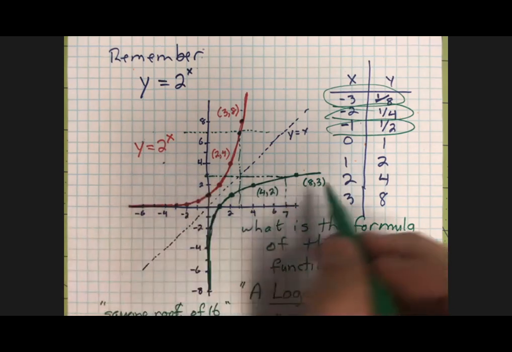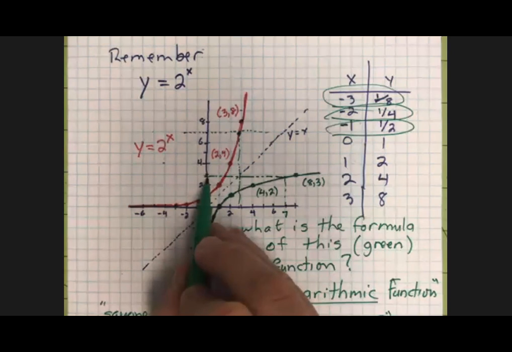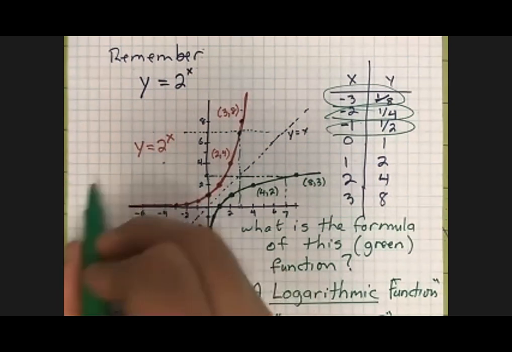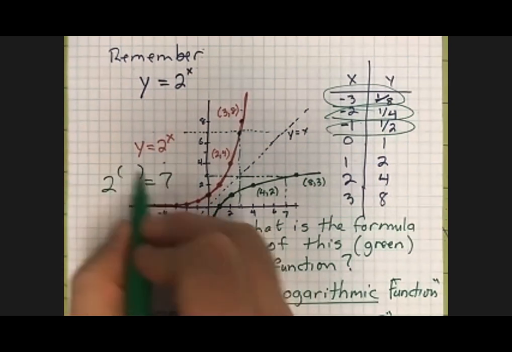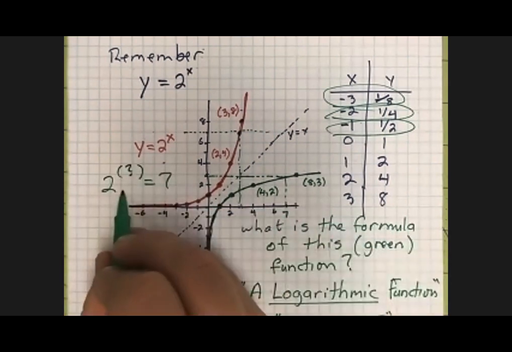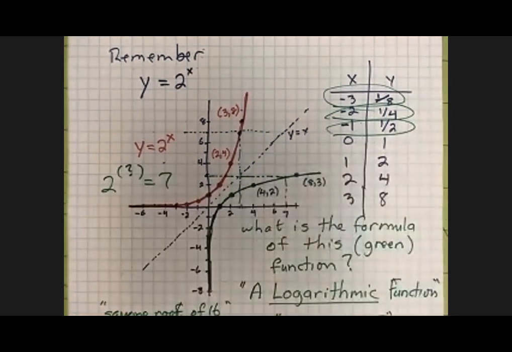Now, is that 2.9? Is that 2.95? Is it 2.8? You know, what power actually gives you 7? It's not going to be a clean number, but let's try 2.8. Where'd my calculator go?